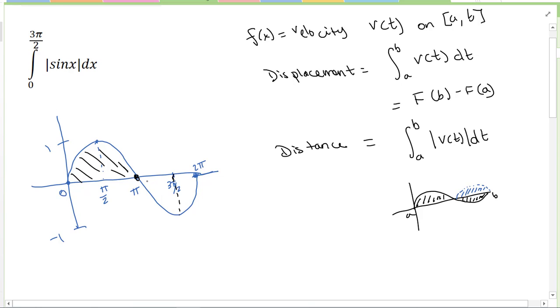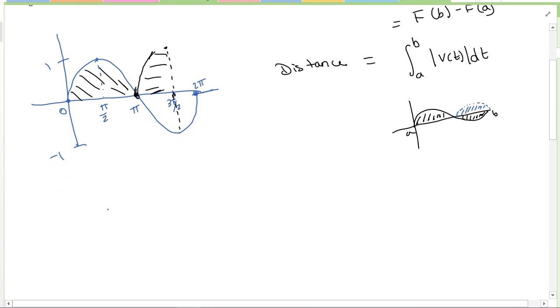Because we want the absolute value, that means we've got to mirror this image up. And so I want this area for the absolute value.